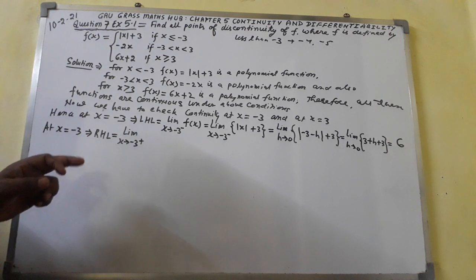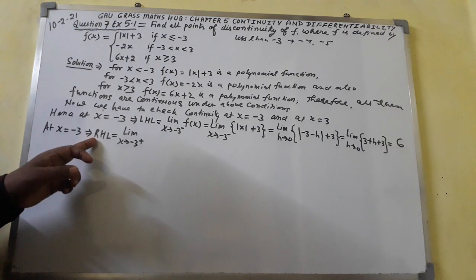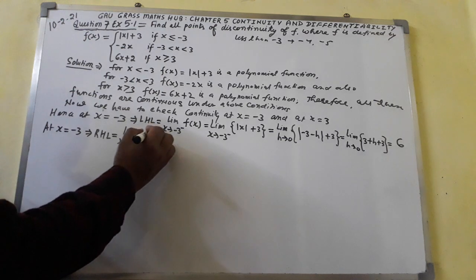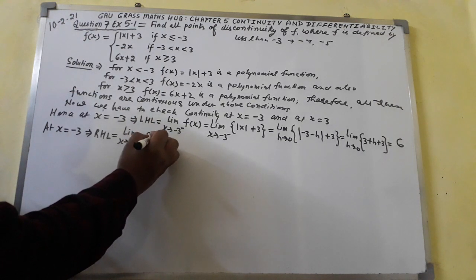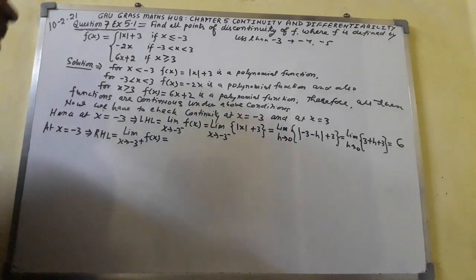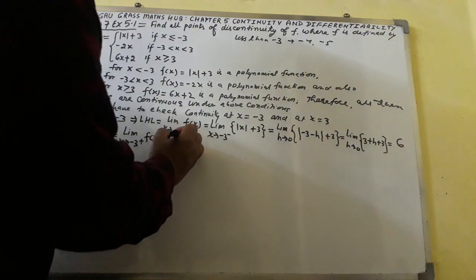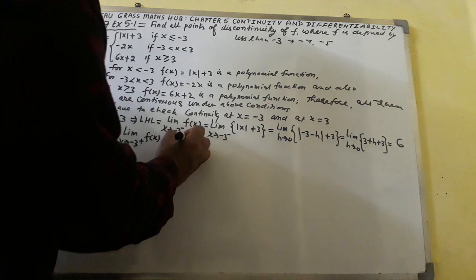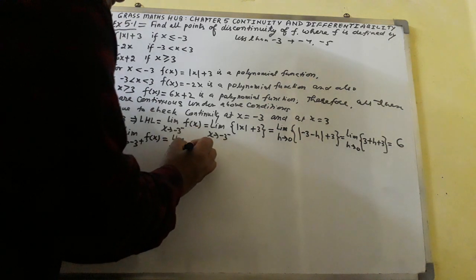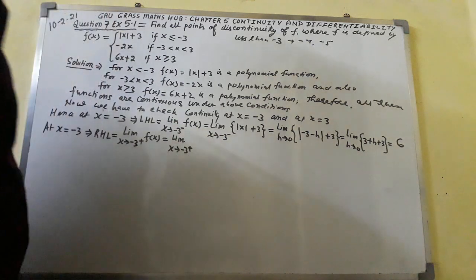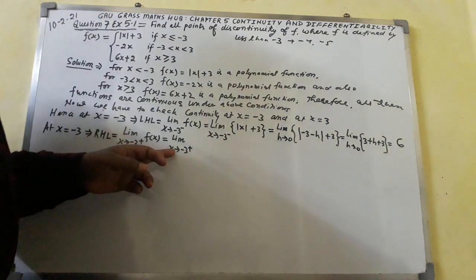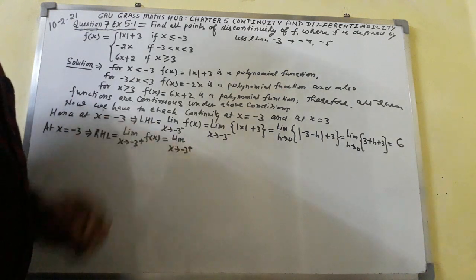Here right is given, so for right I shall write positive. f of x equals the right hand limit as x tends to minus 3 positive.